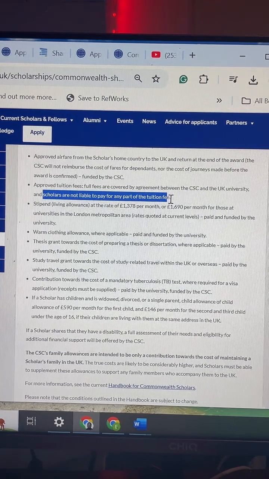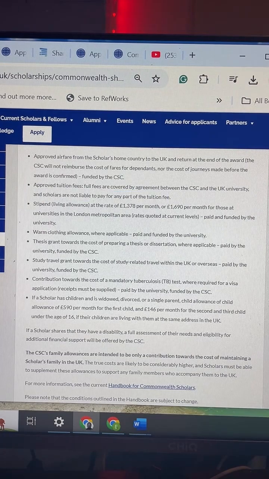So if you make an admissions application to a university and they ask you to pay part of the tuition fee, you would need to write back to them to inform them that you've applied for the Commonwealth Shared Scholarship. If they are asking you to pay that for them to give you an unconditional offer, reply to let them know that you've actually applied for the scholarship.